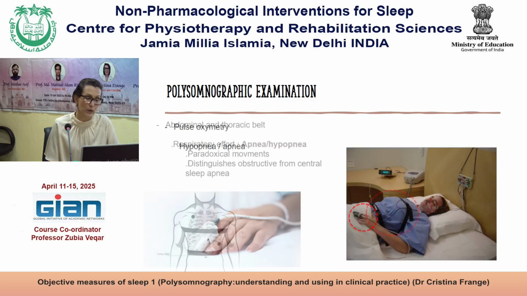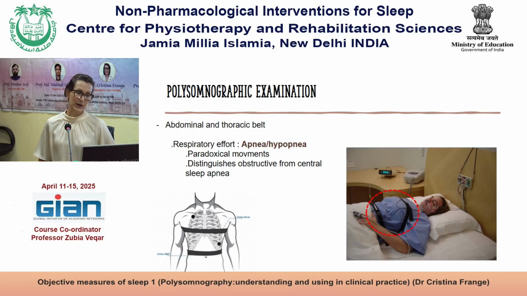And here we have the abdominal and the thoracic belts, to detect the respiratory effort, because with this we can distinguish if the event is a central or an obstructive apnea. So how do we see this difference in the thoracic belt and the abdominal one? When we have obstructive sleep apnea, do my thorax and my abdomen move?